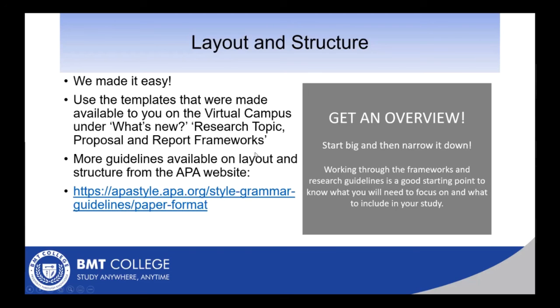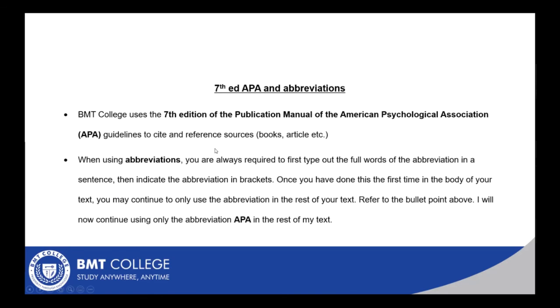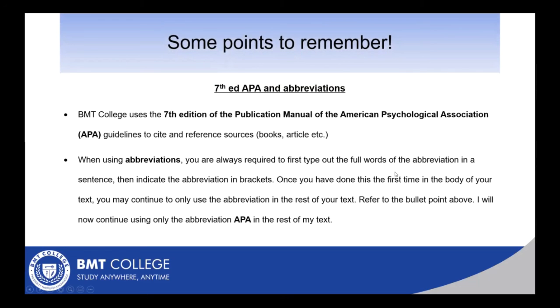You can also find more information on formatting and structures from the APA website. I'm not going to go into that. These are some points to remember with regards to the 7th edition of the APA guidelines and academic writing. I'm not going to go into detail, as we had a previous session where we discussed these topics in detail.